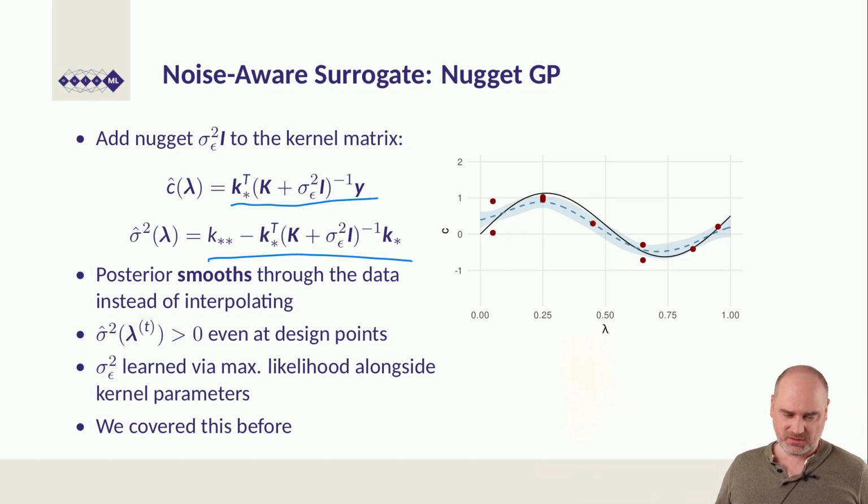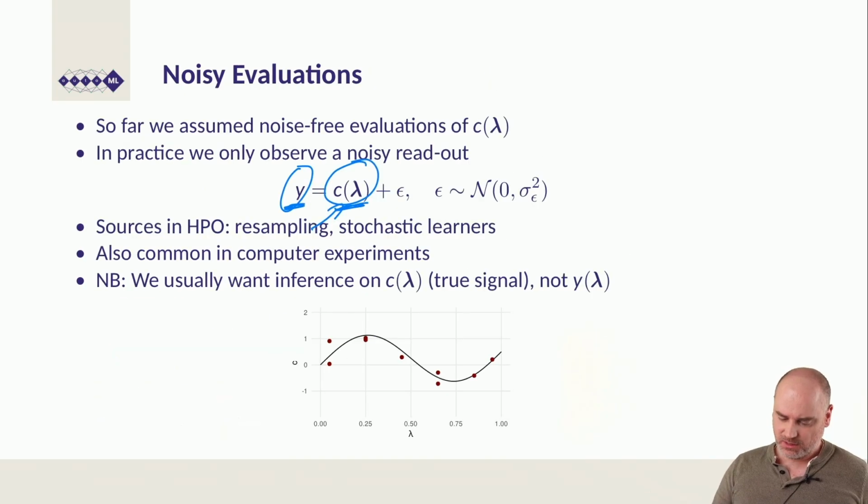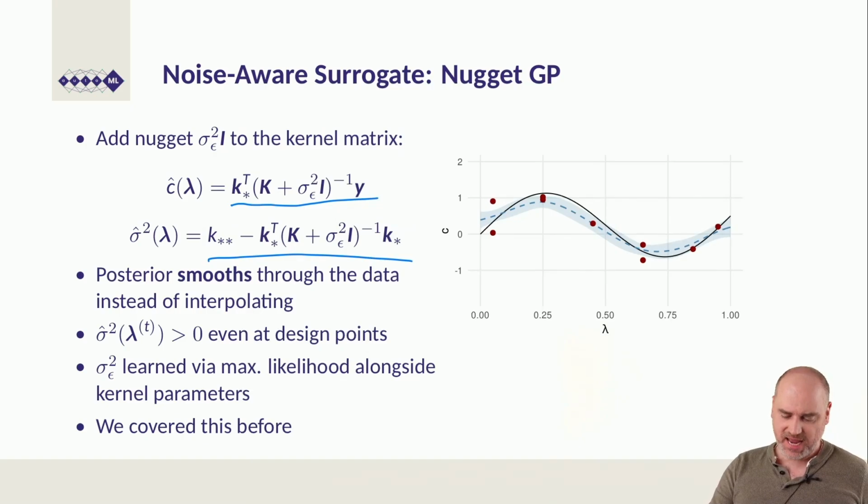And the only thing we have to do to go from an interpolating model to a well-formed regression model that respects this noise and takes it into account is to add sigma squared epsilon to the diagonal of our kernel matrix before we quote-unquote invert it. This reflects the noise in the evaluations of y, and this doesn't change the formula too much, right? And the nice thing about this is that we do not have to prescribe this sigma squared epsilon.